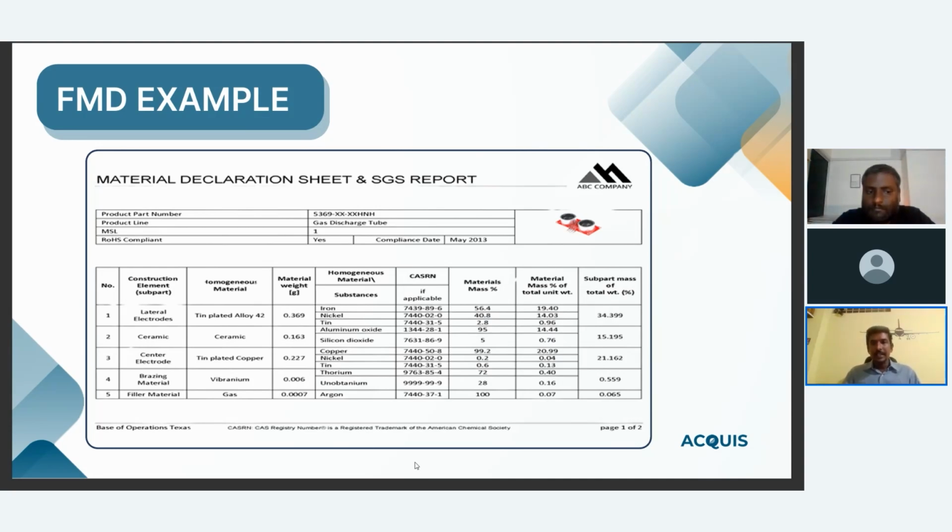But the industry has tried with various standards like IPC, the International Printed Circuit Board association, and IEC, and earlier the JIG, the Japanese Industry Coalition. All of them have tried to come out with some kind of data exchange standard between suppliers, between the supply chain or within your value chain.